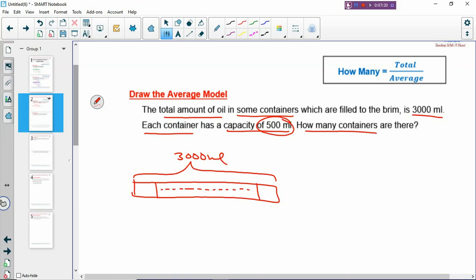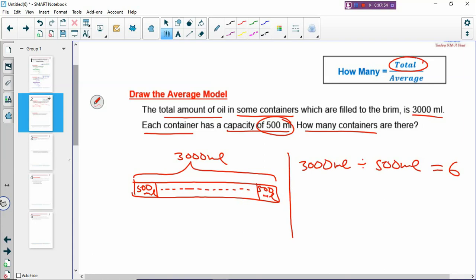And then what is the average? Each container has a capacity of 500 ml. So that is your average. Every container is the same amount. So can you find how many containers there are? You take the total, which is 3000 ml, and you divide by the average, which is 500 ml, and you will get 6 containers.